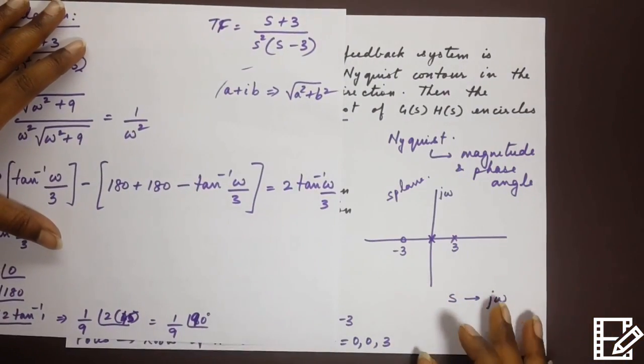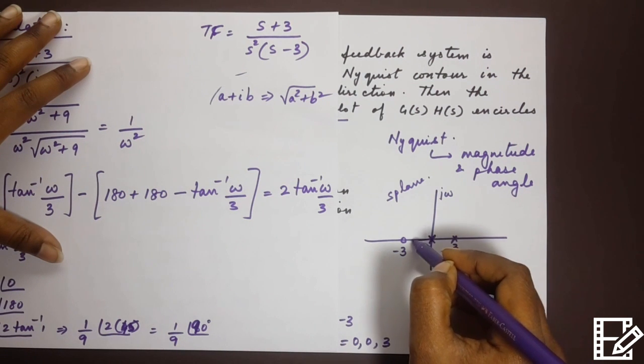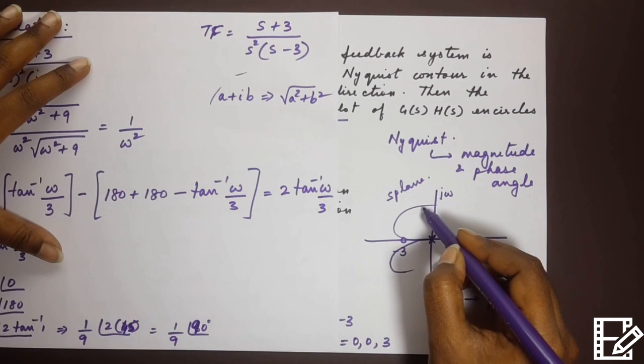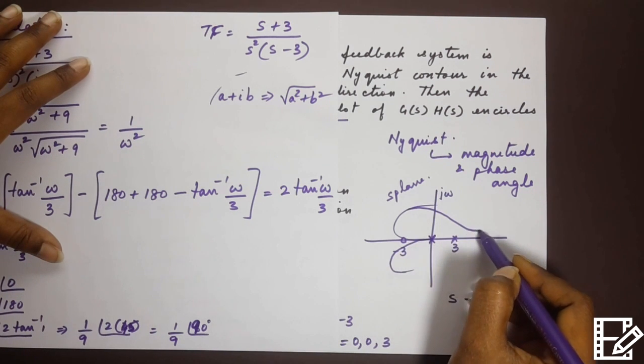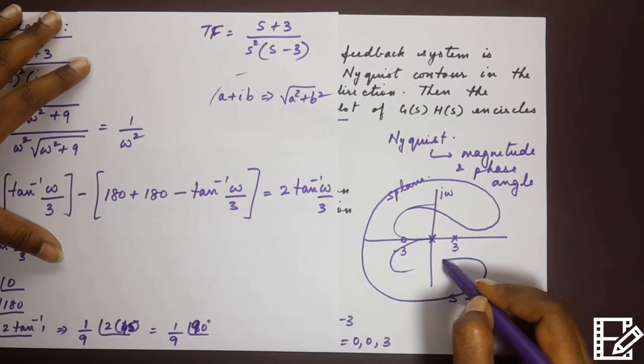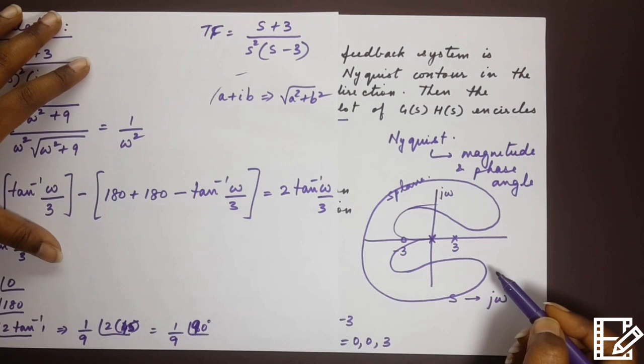I'll draw that here. It resembles a very weird shape like so, and it goes as an entire circle this way, comes here. So that is a very rough diagram of the plot.